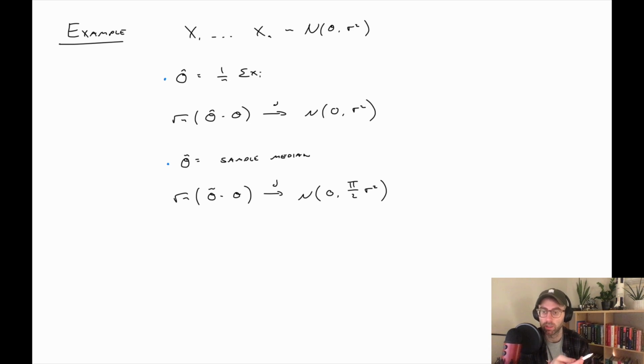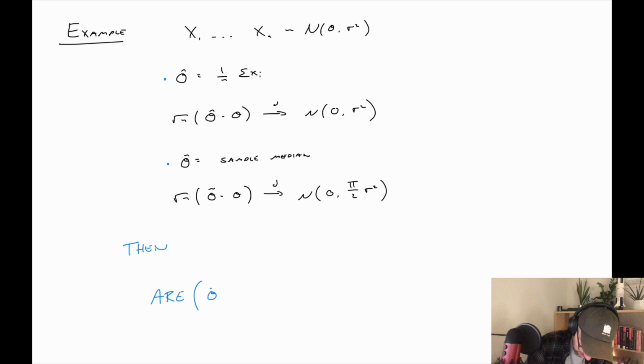We won't show this, but you could show that this also has an asymptotic normality with a slightly different variance. That is, it's pi over 2 times sigma squared. Then we can look at the asymptotic relative efficiency of theta tilde to theta hat.